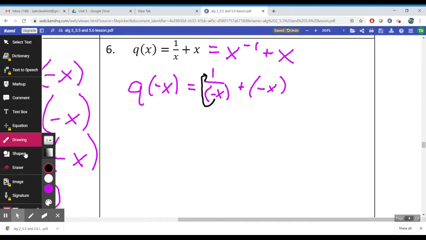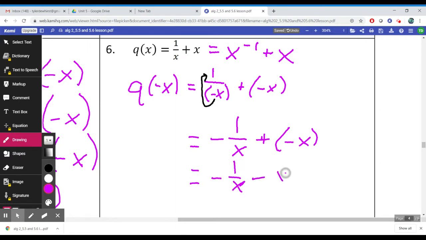It doesn't matter whether the negative on a fraction is in the numerator or the denominator. So I'm going to write this as negative 1 over x, just pulling the negative to the outside, and then plus negative x. And adding a negative number is really the same thing as subtracting it. So this is negative 1 over x minus x.